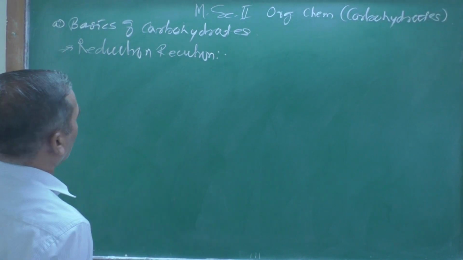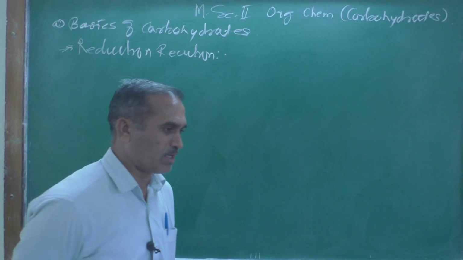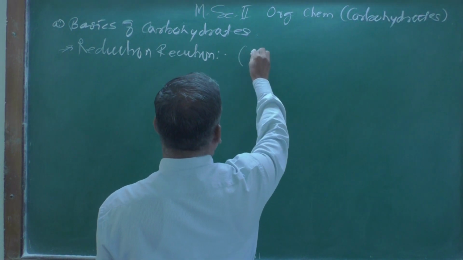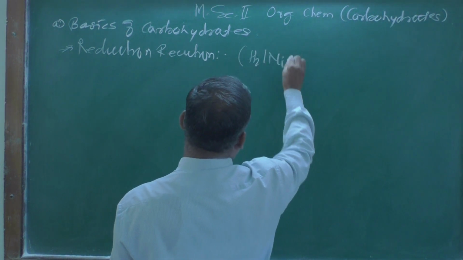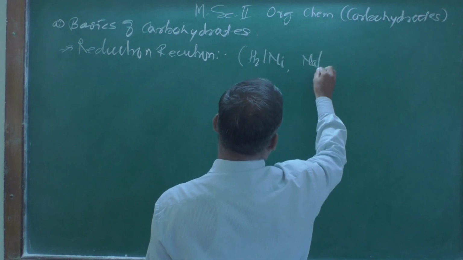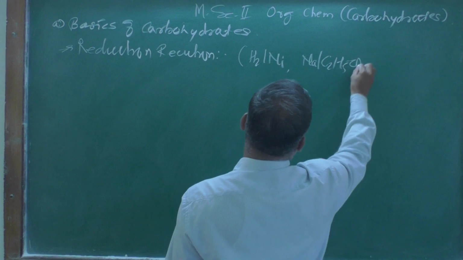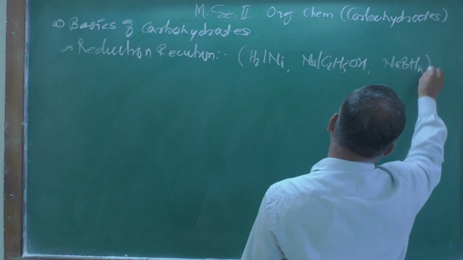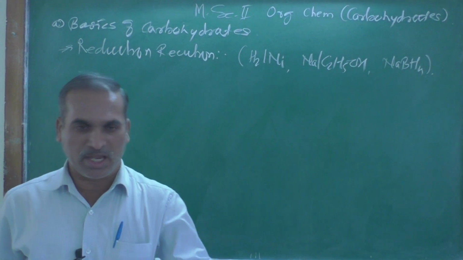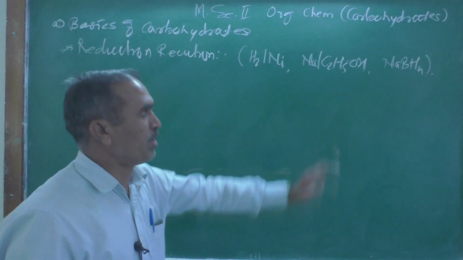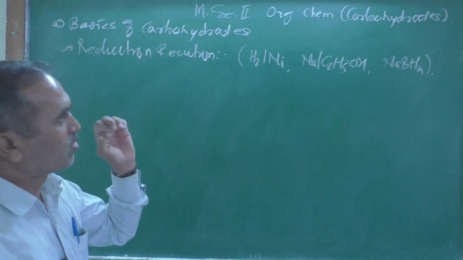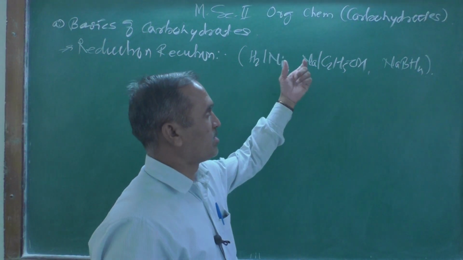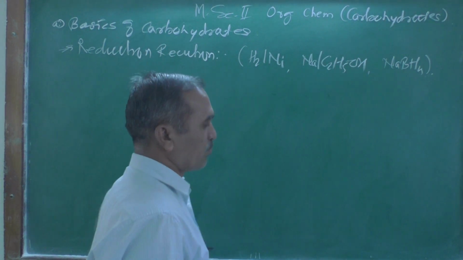There are various reducing reagents. Specifically here we are going to use three: H2 in presence of nickel, sodium in presence of ethanol, and sodium borohydride, which is a mild reducing reagent.